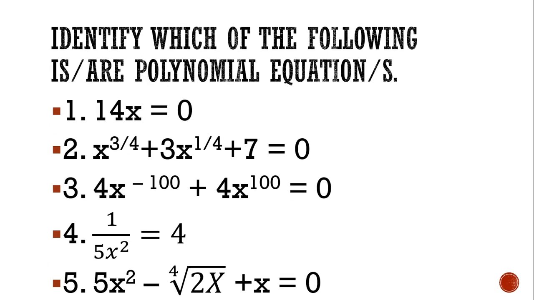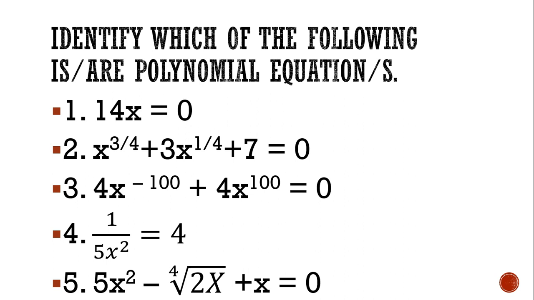Based on the set of definitions presented, let's identify which of the following is a polynomial equation or are polynomial equations. Number 1, 14x is equal to 0. Number 2, x raised to 3/4 plus 3x raised to 1/4 plus 7 is equal to 0. Number 3, 4x raised to negative 100 plus 4x raised to 100 is equal to 0.